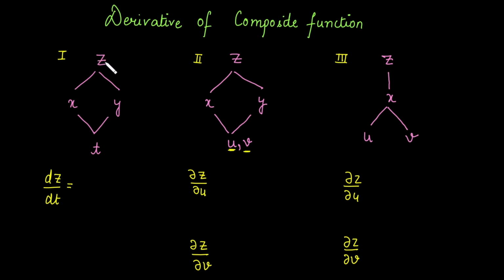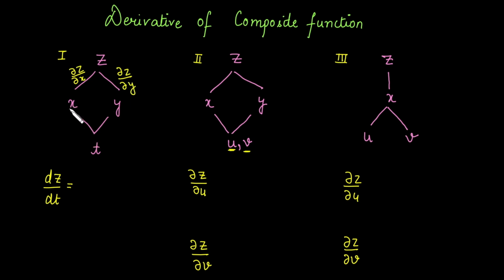So when you need to find the derivative of z with respect to t, first we need to take it with respect to x and y and then with respect to t. In this case, the derivative of z with respect to x will be a partial derivative because z is depending upon two variables. Even in this case, it is a partial derivative of z with respect to y.